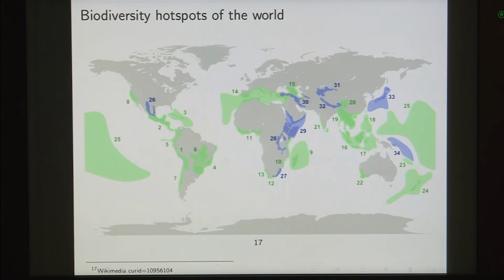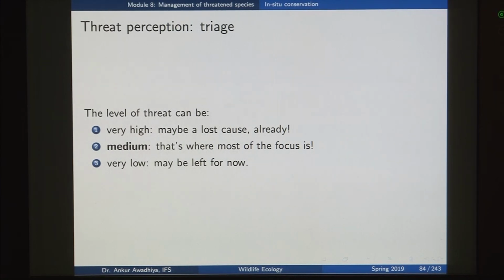When we are talking about threat, there is this other concept of setting up a triage. Now tri is 3. So, triage says that we need to look at the level of threat that can be perceived by us.